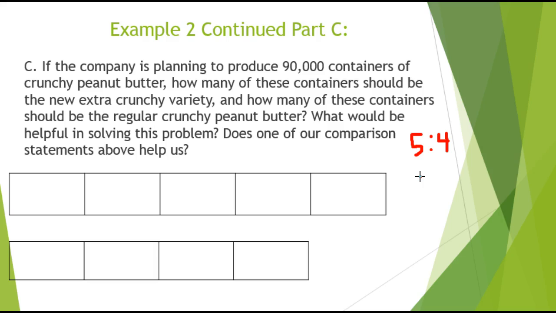Now in this part it tells me that we're going to have a total of 90,000 containers. And it wants to know how many will be extra crunchy and how many will be regular. So if I have 90,000 between both of them, then I can look at my tape diagram, and because I know that 90,000 is for both of them, I know that both of these have to equal 90,000.